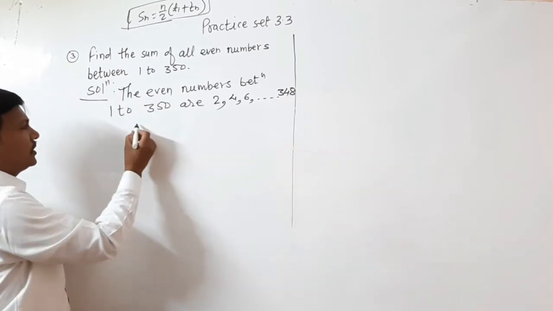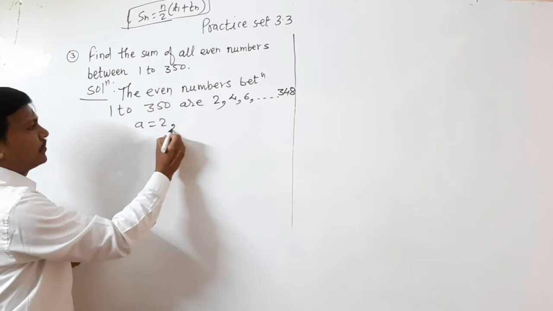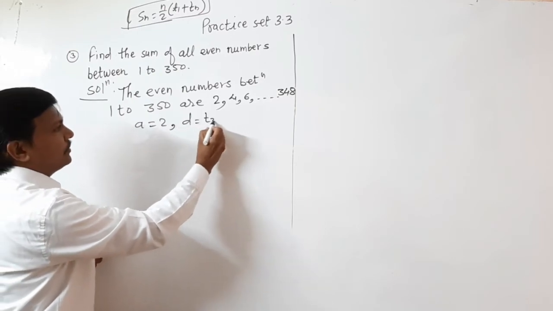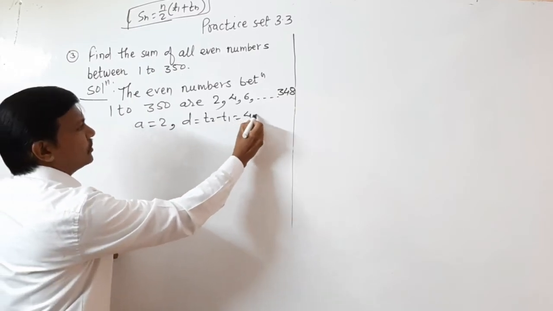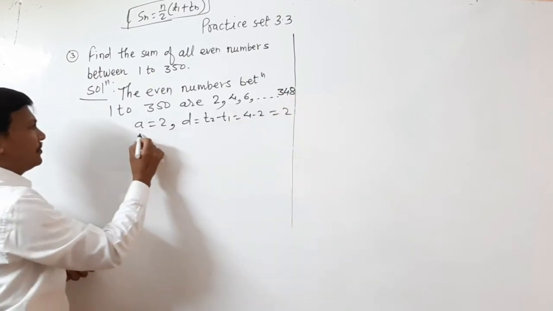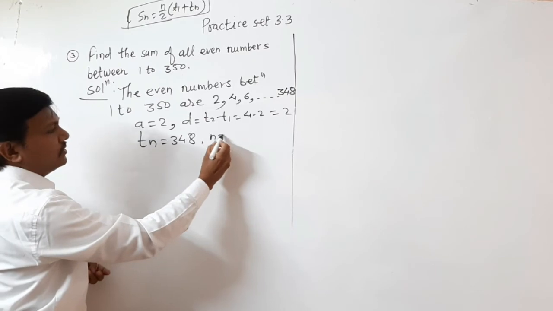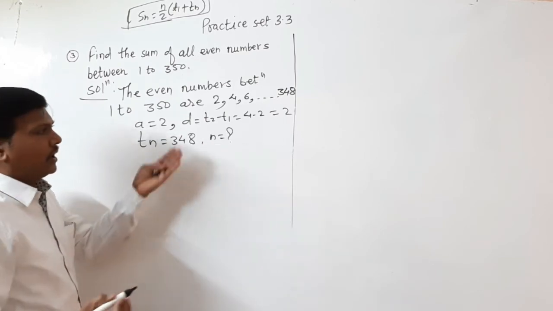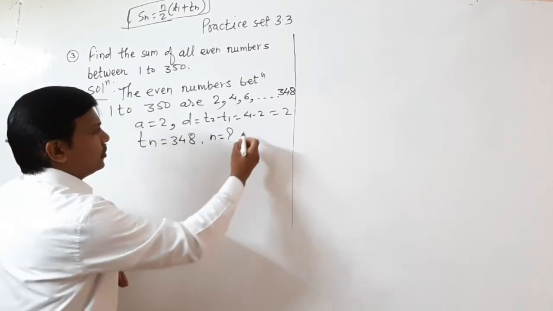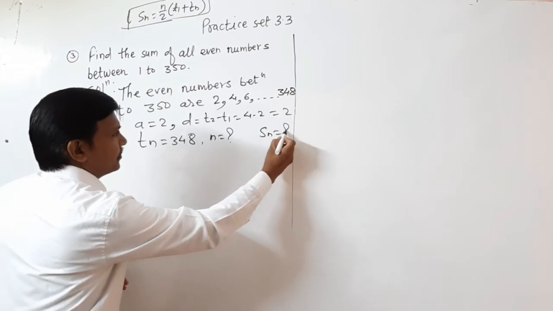So here see, given a is 2, d, that is T2 minus T1, 4 minus 2, that is 2. Then the last term Tn is 348. n is to be found, and with that n we find Sn.